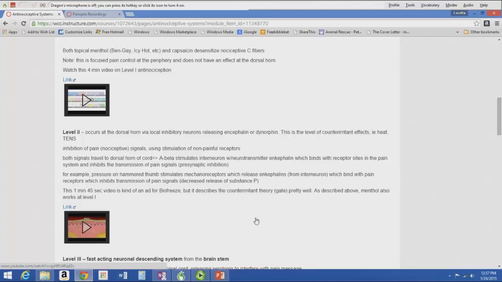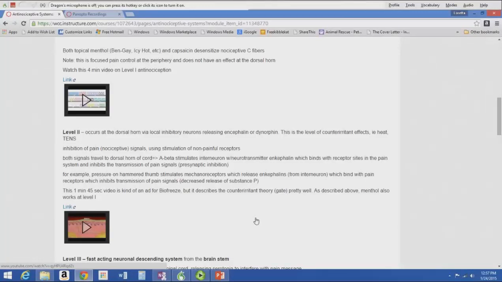Both signals travel to the dorsal horn of the spinal cord. One of them, the non-painful receptor, is the A beta. It stimulates the interneuron that releases enkephalin, which binds with receptor sites in the pain system and inhibits the transmission of those pain signals. It's presynaptic inhibition.